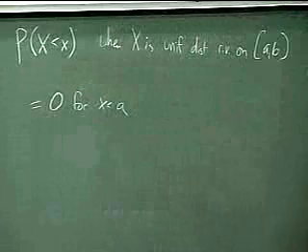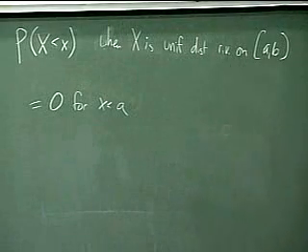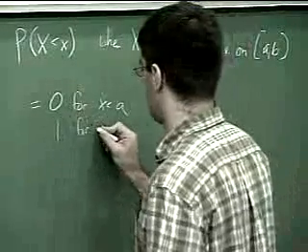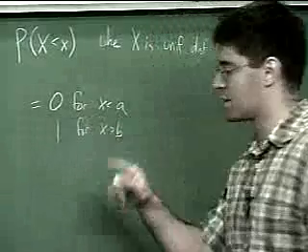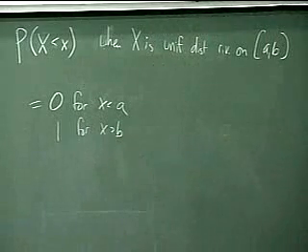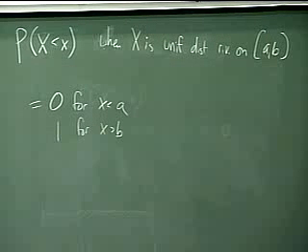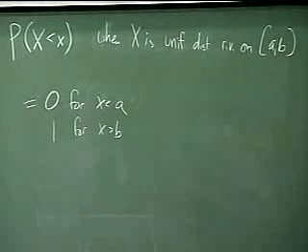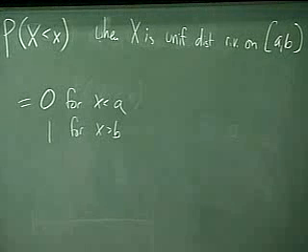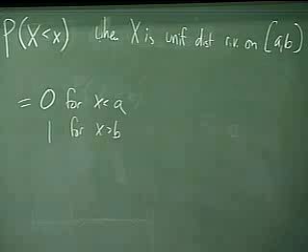What about for x greater than b? 1. And what about inside the middle of the interval? Linear. True. Yeah. x over b minus a? Close, but not quite. x minus a over b minus a.